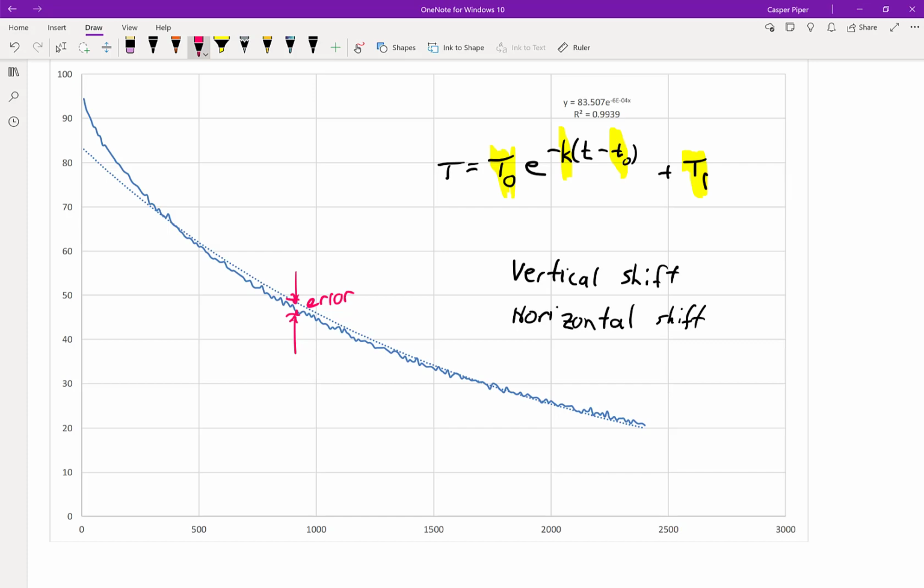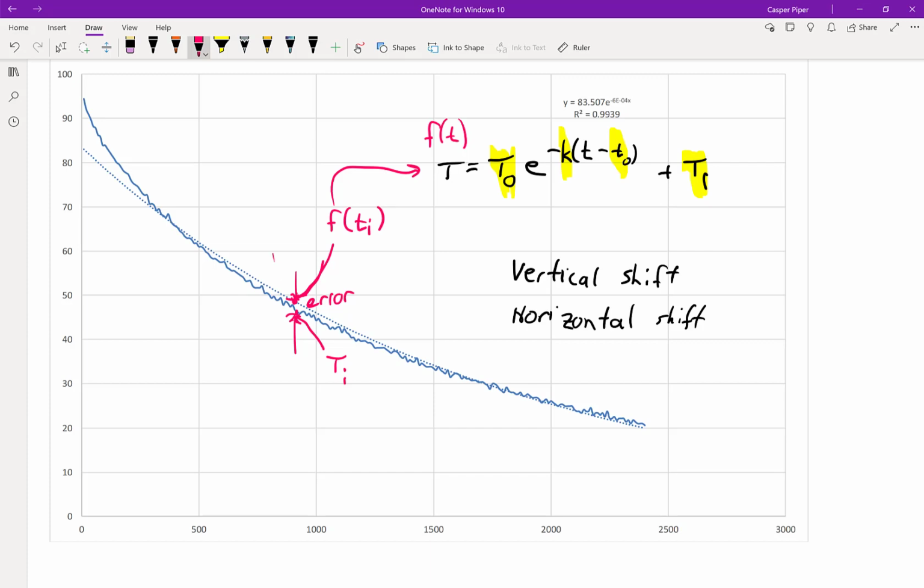So this point right here will be the data point, and that might be, let's just call that t sub i. And this point up here at the top will be f of t sub i, where f is this equation right here. I could use f of time instead of temperature. I'll stick with temperature, but you get the idea.